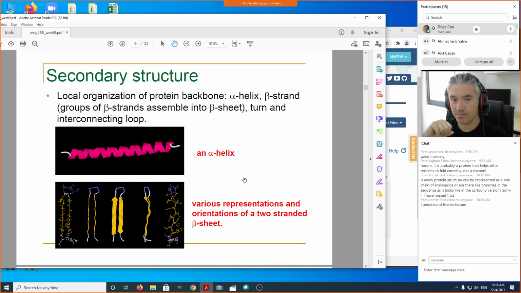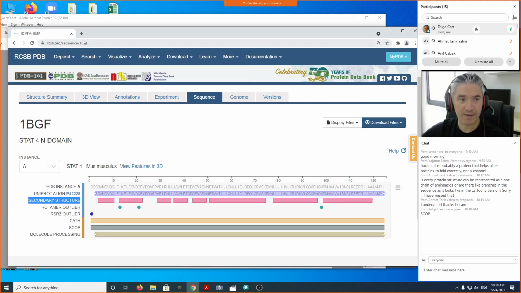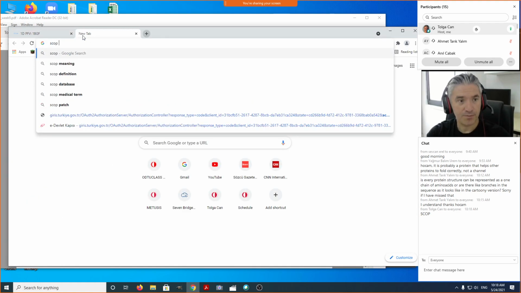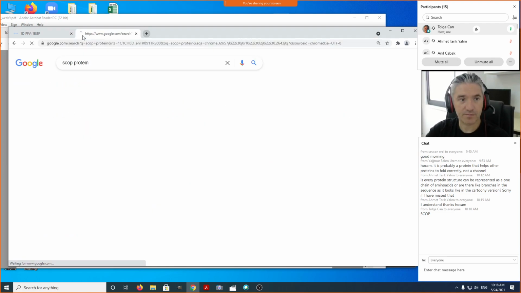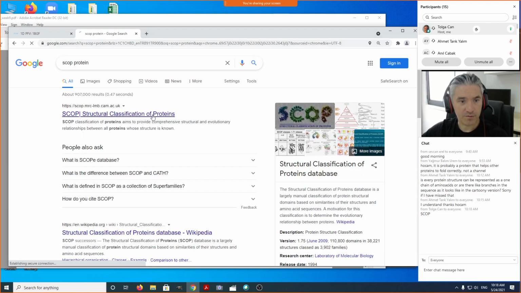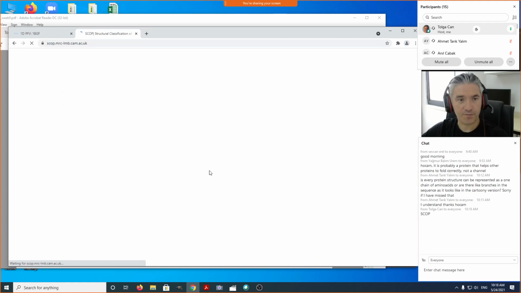By the way, the name of that classification is SCOP. Let me write it in the chat box. Structural Classification of Proteins. So when you go to the SCOP database, SCOP protein, structural classification of proteins.